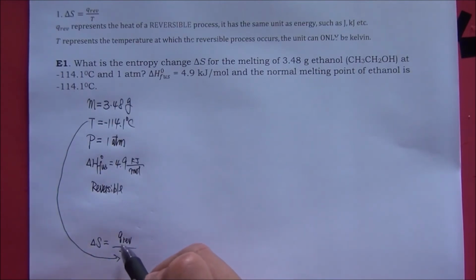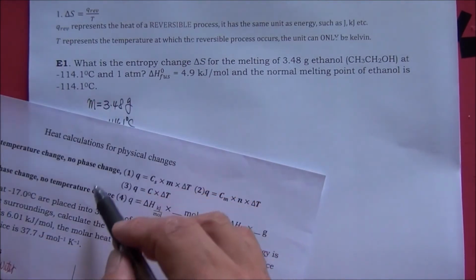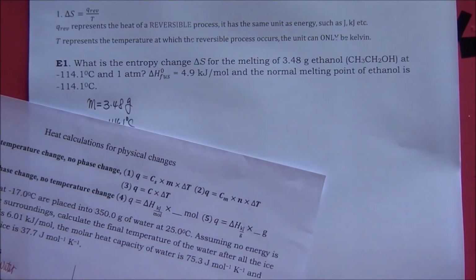Let's see if we know Q reversible. Q reversible is also heat. Remember, we have learned 5 equations to calculate the heat during a physical process. These are the 5 equations we have learned earlier.